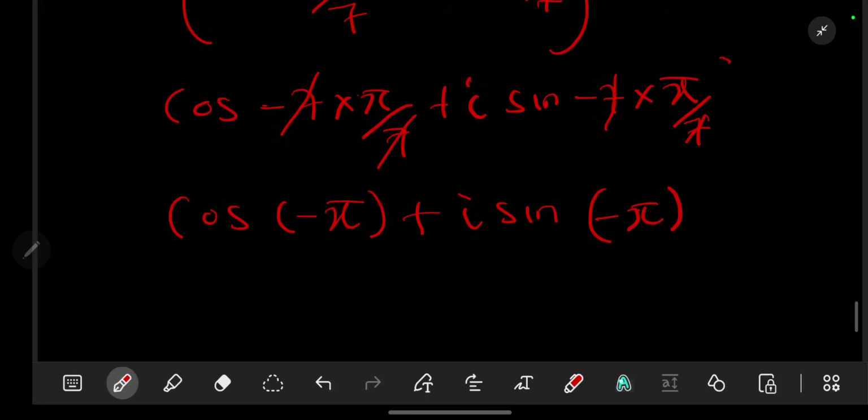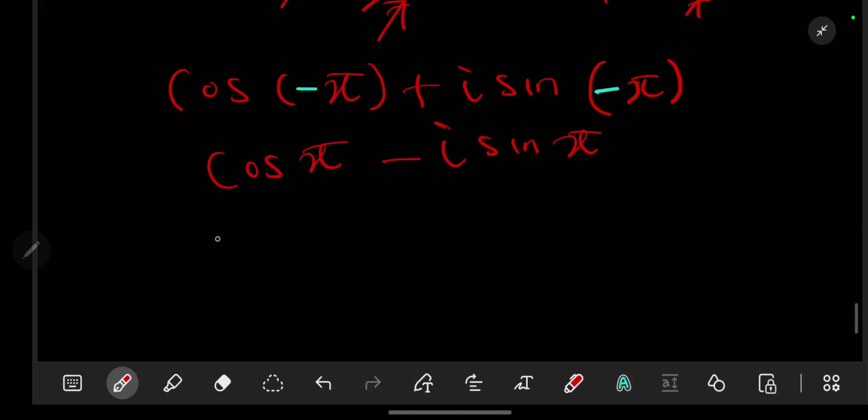Remember, cos is an even function, therefore this will just be cos of pi. Sine is an odd function, so this negative will come out, so it will be minus i sine of pi.